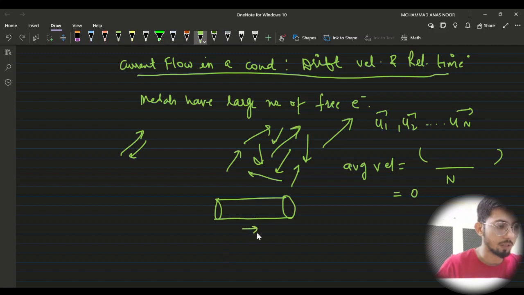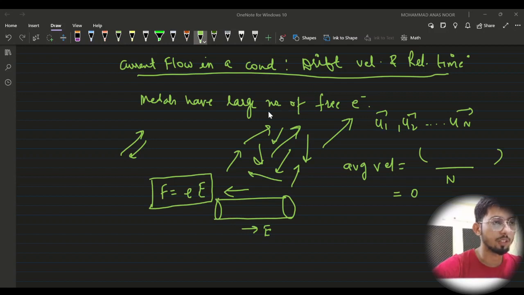If the direction of the electric field is this, all the electrons would tend to move in the direction opposite to the electric field by a force F equal to eE.